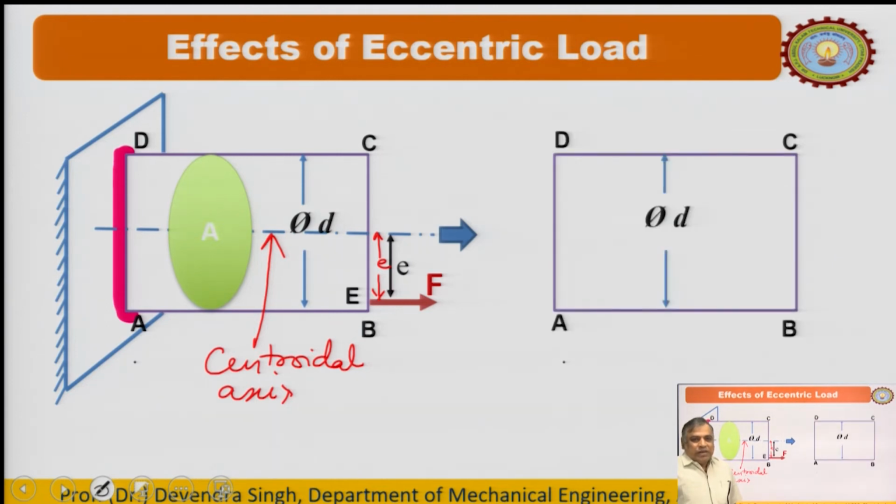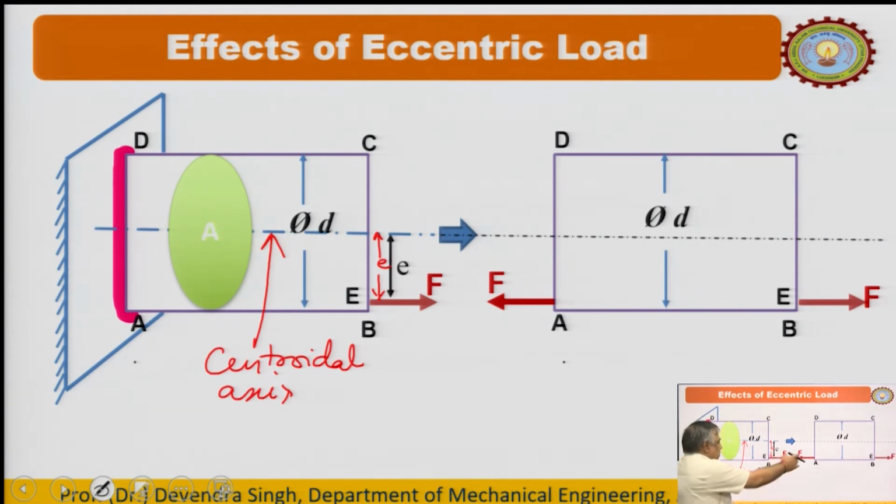I have removed the support and I will consider the reactions on CD, on BC and AD. So, this is the axis, F as it is. If F is here, then to balance at the other end, F should act at A, and similarly E is the effective point where we have applied the load at the eccentricity.